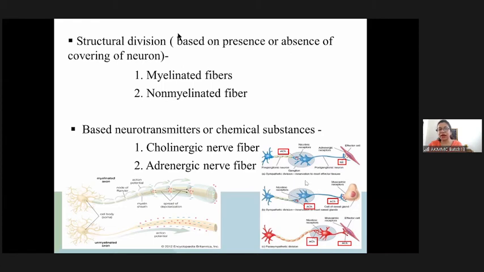These two are cholinergic nerve fibers. But in the case of sympathetic, the preganglionic axon will transmit acetylcholine, but the postganglionic axon is an adrenergic nerve fiber.